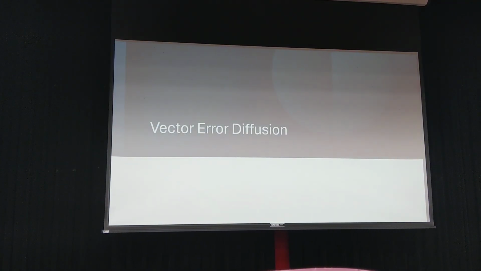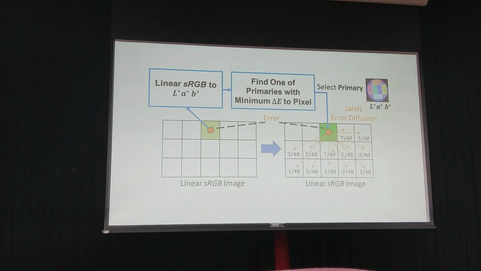And vector error diffusion. The final project is vector error diffusion, where we implement the Jarvis filter for higher quality halftoning. First, the image is converted to the LED space to find the hardware primary with the linear color difference delta E for each pixel.